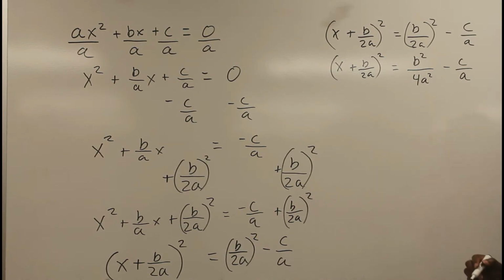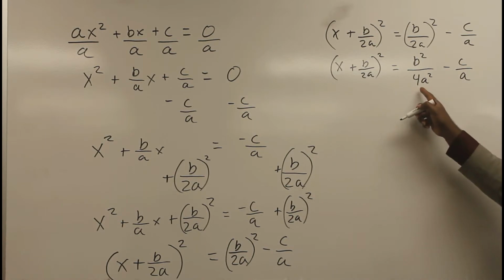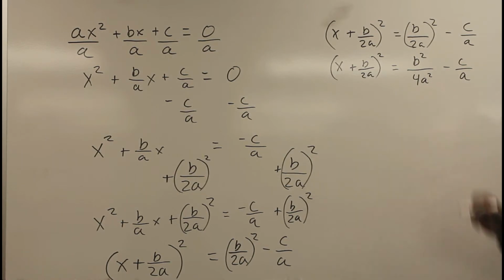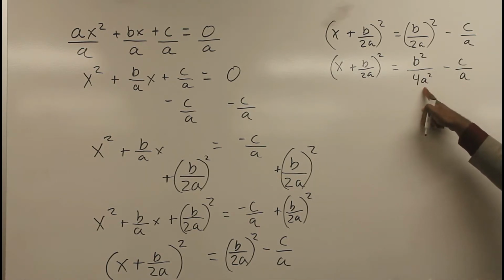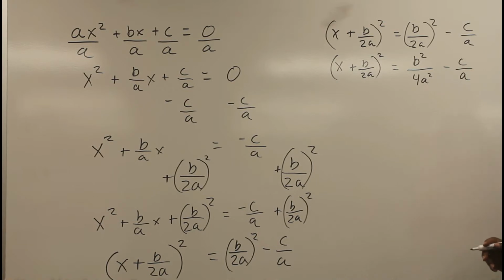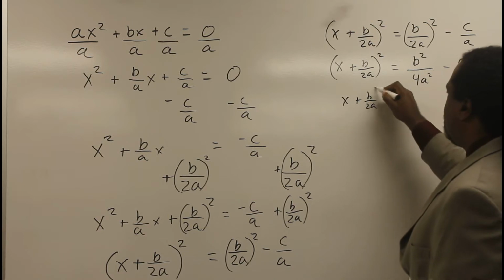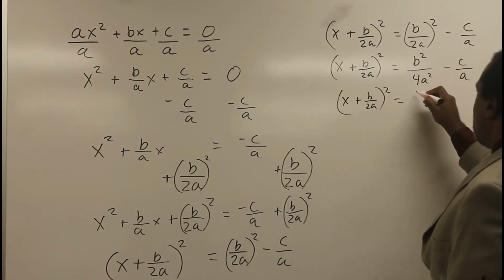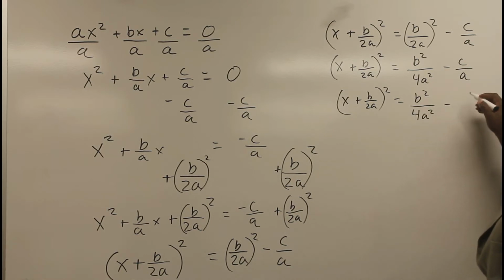Now I can find the least common denominator. And the least common denominator is 4a squared. What did I multiply a by to get 4a squared? I multiplied it by 4a. So I'm going to multiply both of these fractions by 4a. So what I get is b squared over 4a squared minus 4ac.